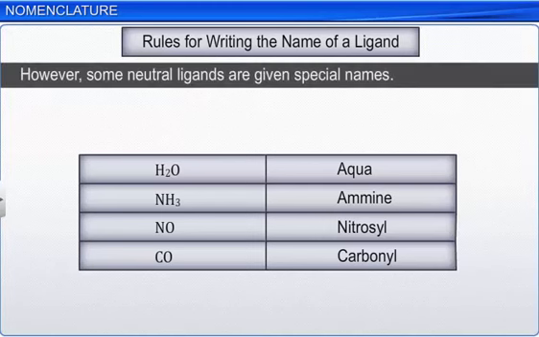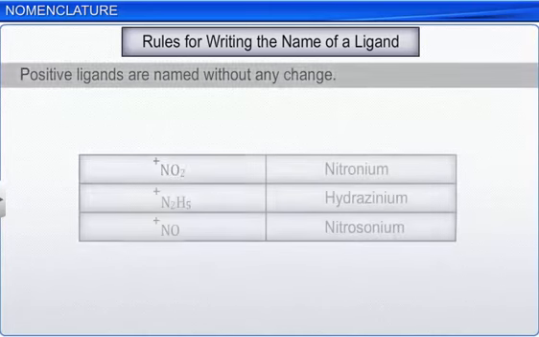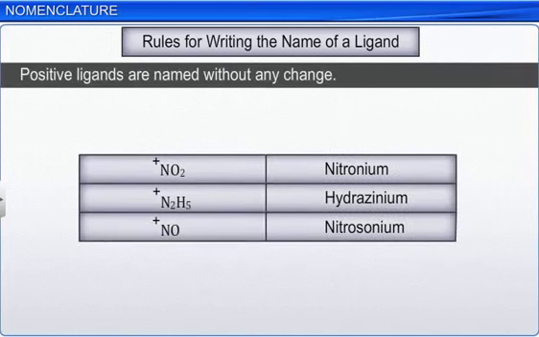They are aqua for water, ammine for ammonia, nitrosyl for nitric oxide, and carbonyl for carbon monoxide. Positive ligands, such as nitronium, hydrazinium, and nitrosonium, are named as such without any change.